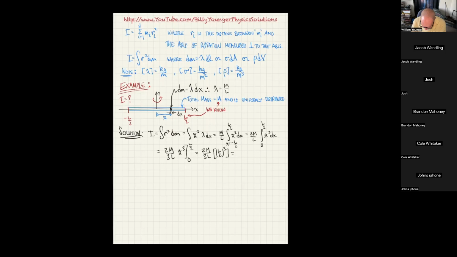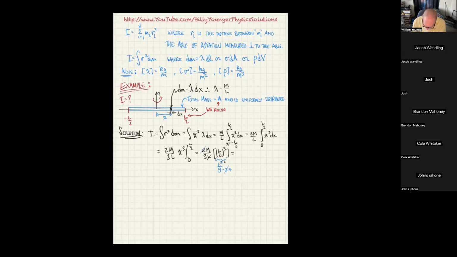So in this case, I've got this cubed. That's going to give me L cubed over 8. And 8 is 2 times 4. And that 2 can cancel out with that 2. And this 3 can cancel out with this and leave a 2. Okay.